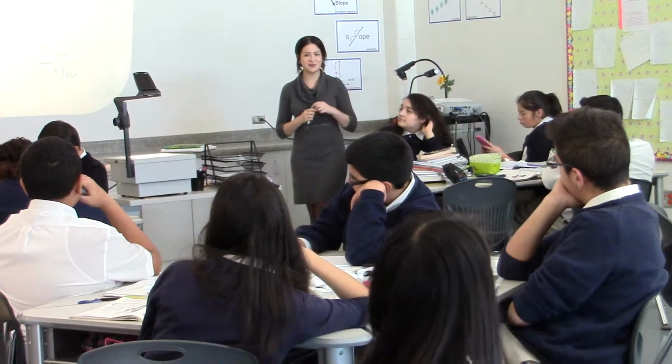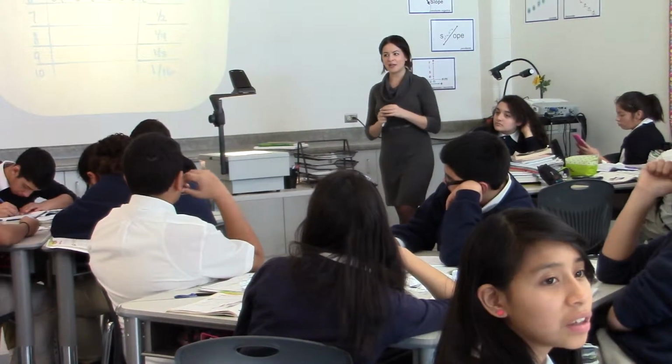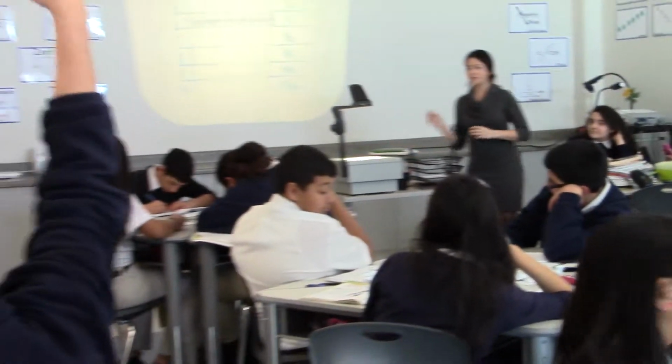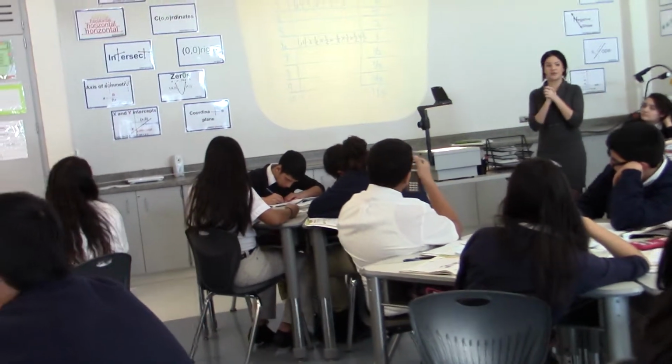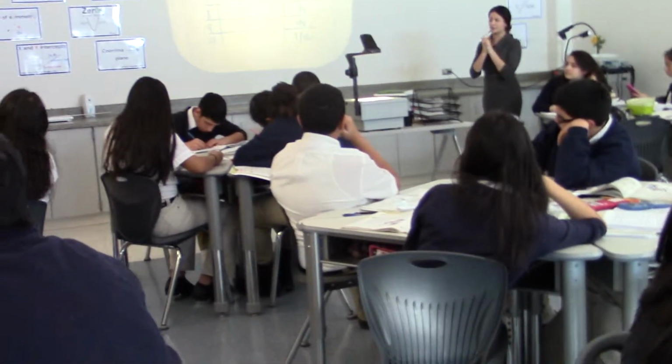Did we figure out an equation for this? Yes. Because Giselle had mentioned for any number of cuts, n number of cuts, what could the possible equation be? Stephanie, come on up.